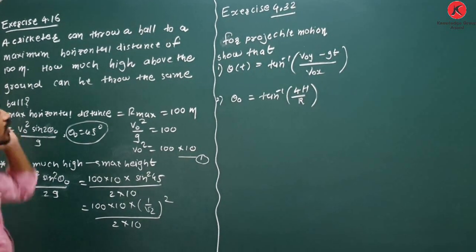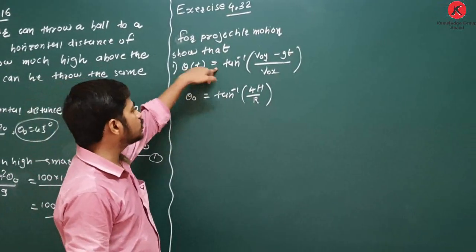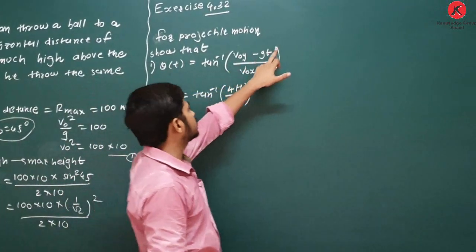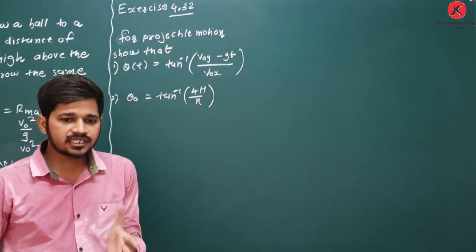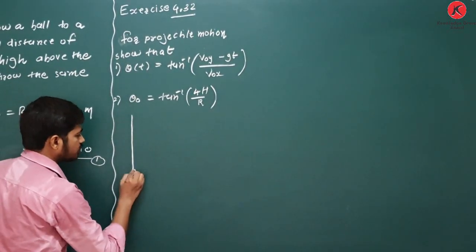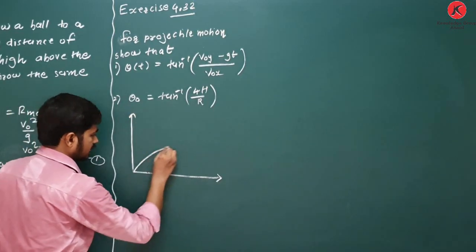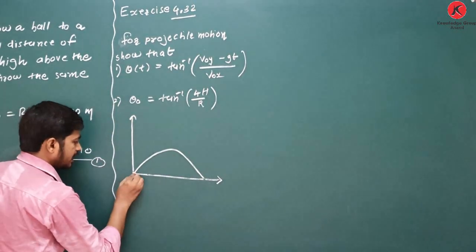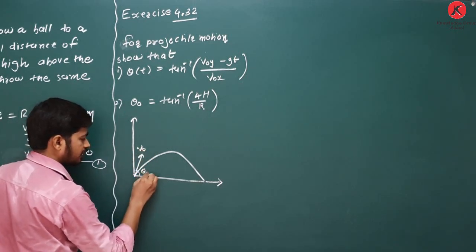For projectile motion, show that theta t is equal to tan inverse of V0y minus gt upon V0x. Theta t, what does it mean? In projectile motion, the initial angle of projection is theta 0.